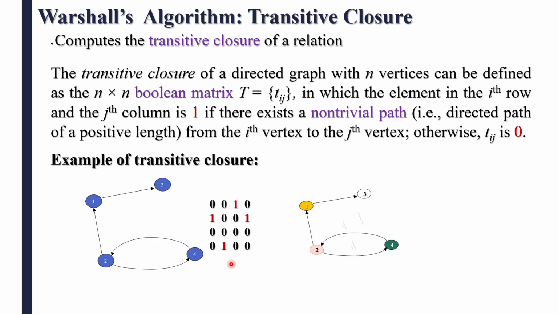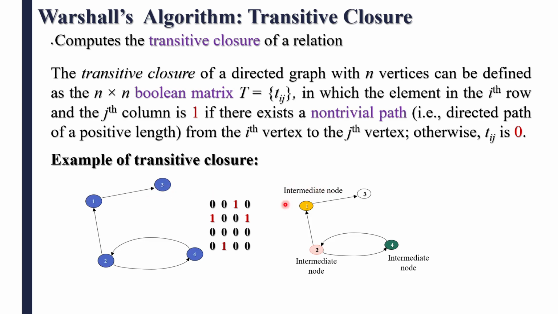Next, with the help of other nodes you may also have a path. For example, here 2 to 3 is not considered a path because there is no direct path between 2 and 3. But a path does exist. How? Directly it does not exist, but with the help of node 1 we can get a path from 2 to 3, that is, 2 to 1 and 1 to 3.